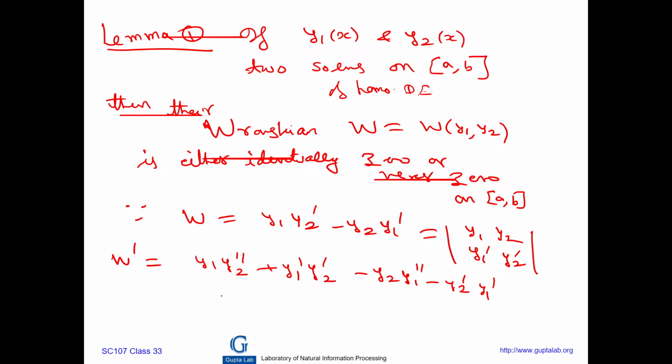Some terms cancel, and you are left with y1 y2 double prime minus y2 y1 double prime. This is the differentiation of the Wronskian.